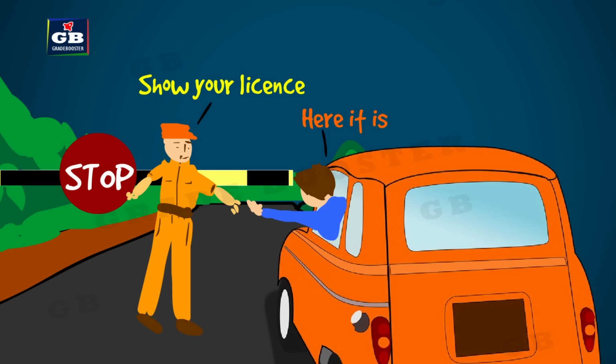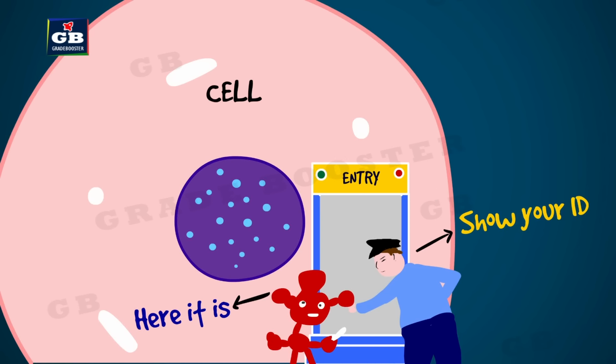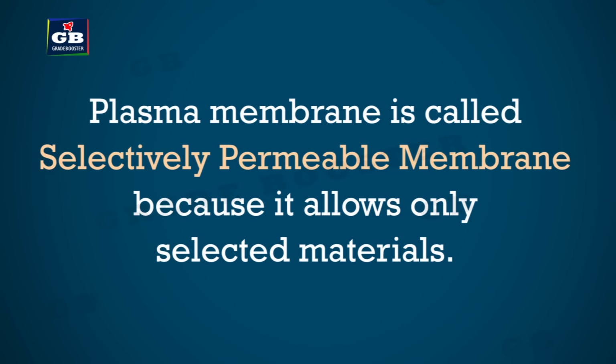At the check post, checking of vehicles and verification of licenses is done. In the same way, cell membrane verifies the materials and decides whether to allow it or not. It permits only the selected materials. For this reason, cell membrane is called selectively permeable membrane.